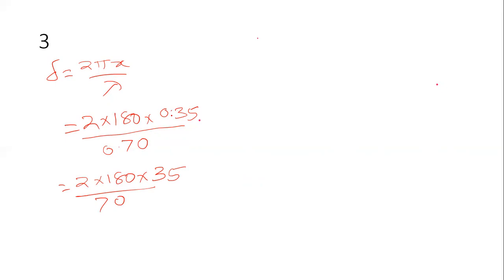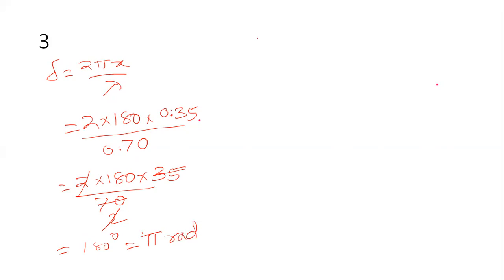We can shift the decimal point by 2 digits to the right, similarly in the denominator. Therefore, 35 and 70 we can divide like this. Therefore, we get 2 divided by 2 is equal to 1, or it is equal to 180 degree, which is equal to pi radian.